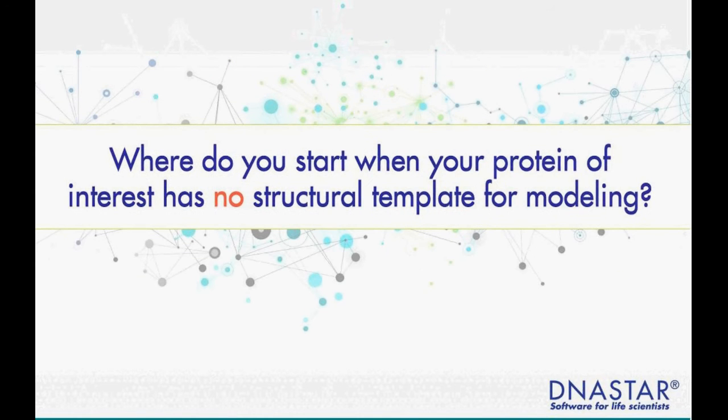So here at DNASTAR, the question that we often hear and ask when interrogating a protein is, where do we start? And specifically, where do we start when your protein of interest has no structural information available for you to utilize for modeling? Where do you go for a starting template?